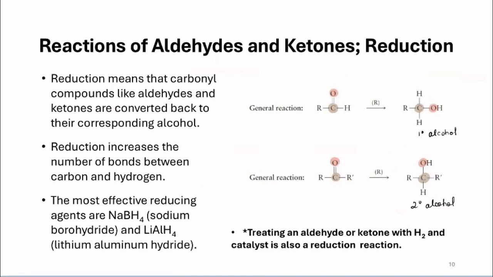In exams and in the worksheet, we are not going to see the letter R representing that we are reducing aldehydes and ketones. Reagents like sodium borohydride and lithium aluminum hydride are what is represented by the capital letter R. So whenever you see an aldehyde reacting with NaBH4 or LiAlH4, that represents the reduction from aldehyde to primary alcohol.